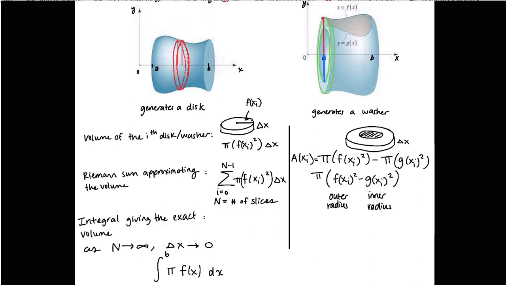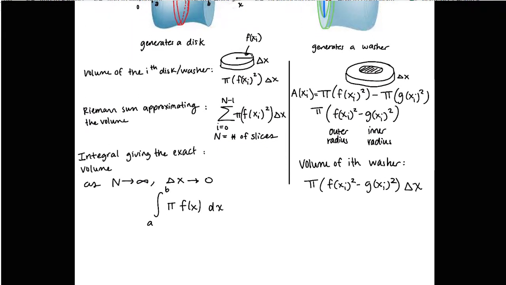So the volume of the ith washer is pi times f of x sub i squared minus g of x sub i squared, times delta x, and the Riemann sum would be adding up all of the washers.